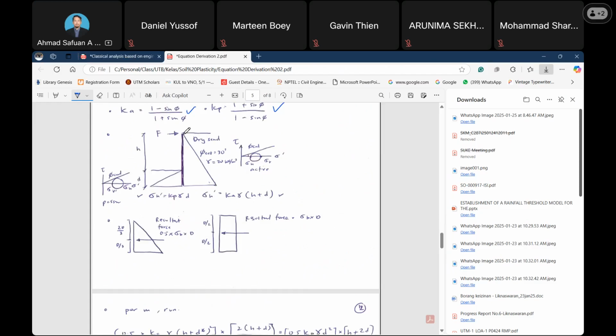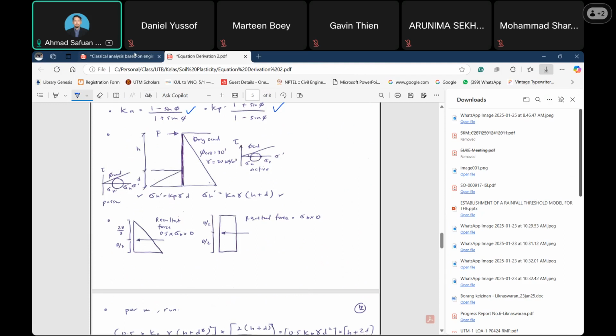So this is what we call the distribution diagram down to the toe of the retaining structure for the active, and this is for passive. This is the Mohr circle plot for the active and also for the passive.